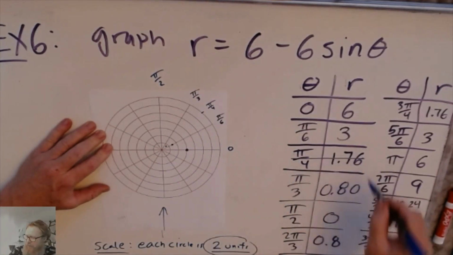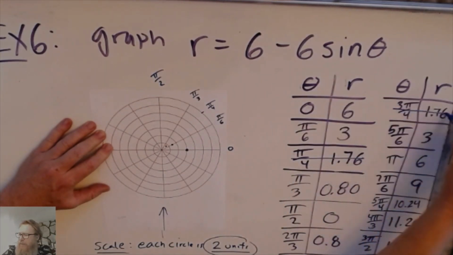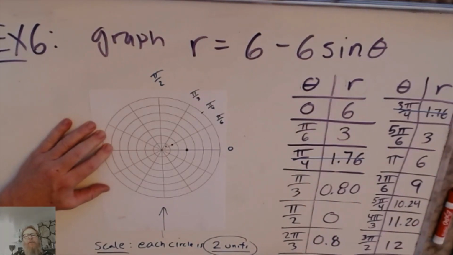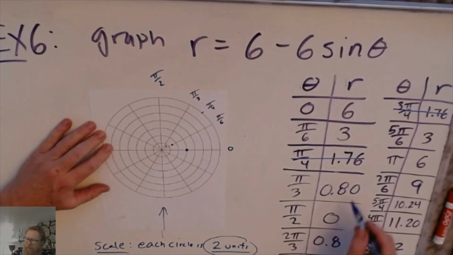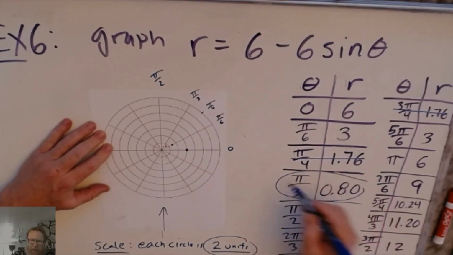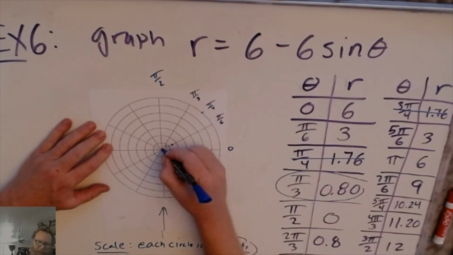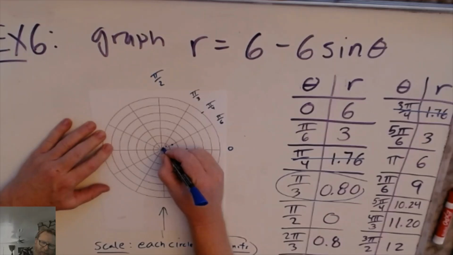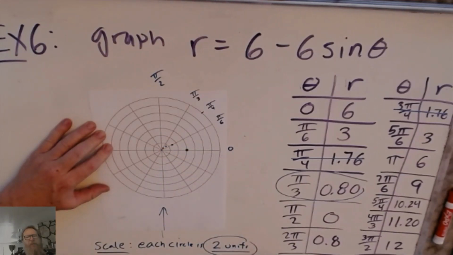I'm probably just going to avoid all of these guys in the future. They're too hard to see. All right. Pi over 3 and 0.8. Oh, if I can't see 1.7, I definitely can't see 0.8. 0.8 is so close to the origin. It's like that.